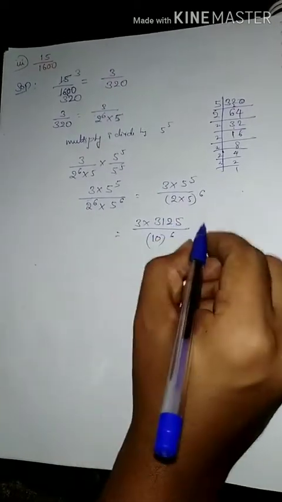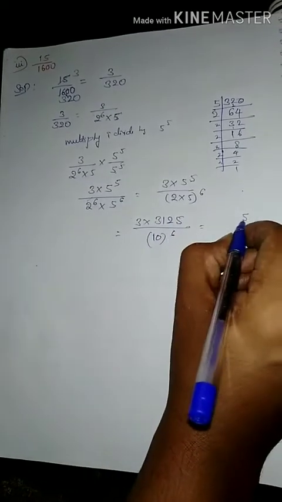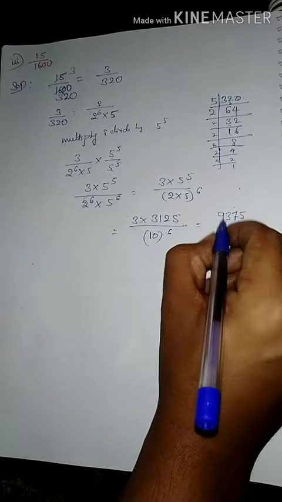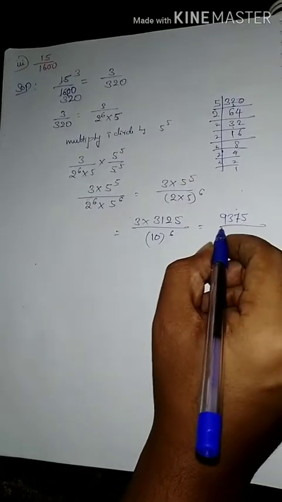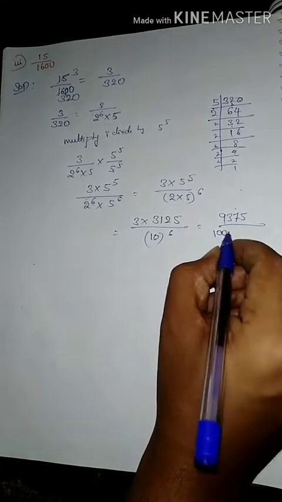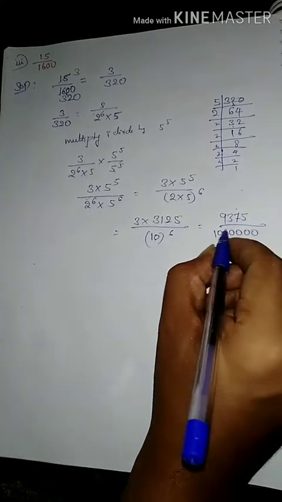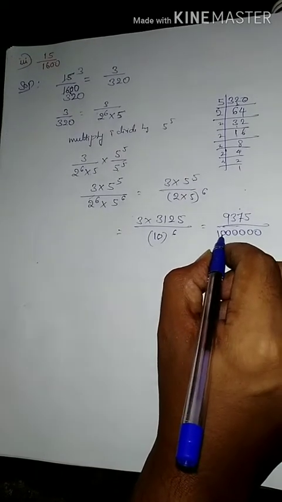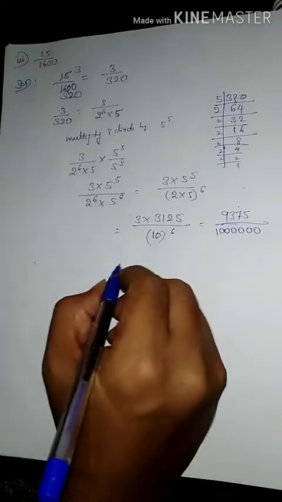Next 3125 into 3: 3 5 is 15, 1 is carry, 3 2 is 6 plus 1 is 7, 3 1 is 3, 3 3 is 9. So 9375 divided by 10 to the power 6. How many zeros in the denominator? 1 2 3 4 5 6. So 6 zeros are there in the denominator.